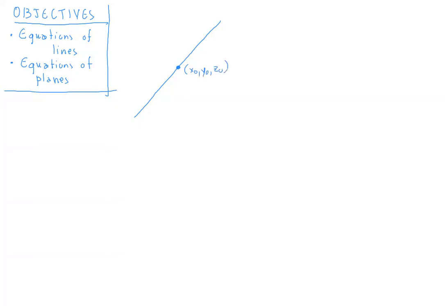And then you have a vector, a non-zero vector, which is parallel to the line. As we're going to see with this basic data, we will be able to find an algebraic object, in particular a vector valued function, that allows us to describe, to, if you like, identify this line.